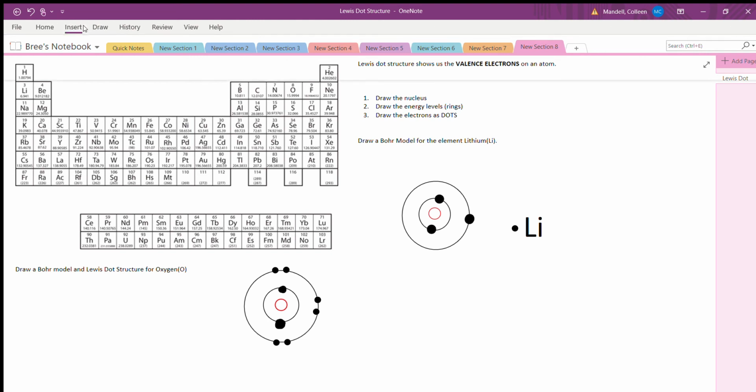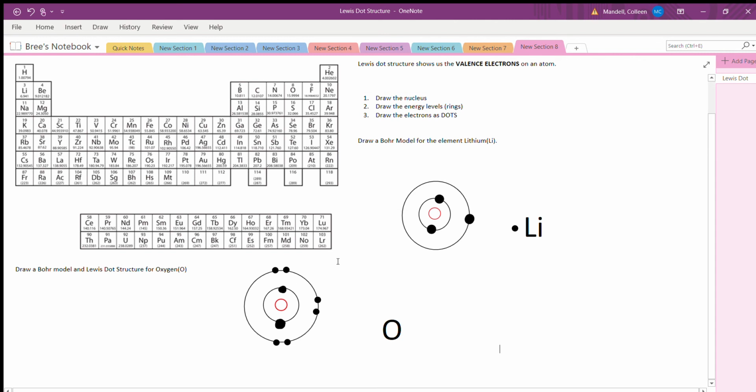Not going to be anything too crazy. We're going to just put our element symbol, which is just that letter or 2 letters that represent it. Make this big again. Now I need to put only the valence electrons. So I'm not putting 8 dots around this oxygen.